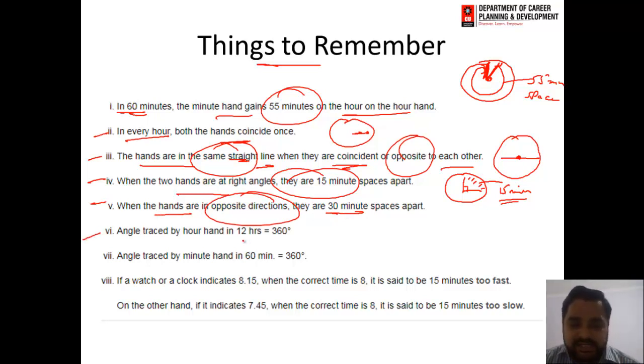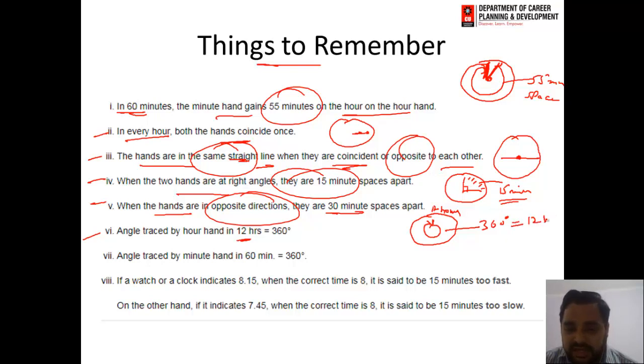The sixth one is, the angle traced by the hour hand in 12 hours is 360 degrees, because the hour hand has 12 hours in one round, and one round is 360 degrees.